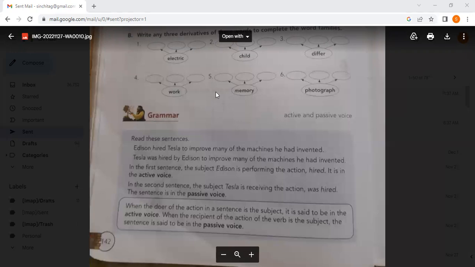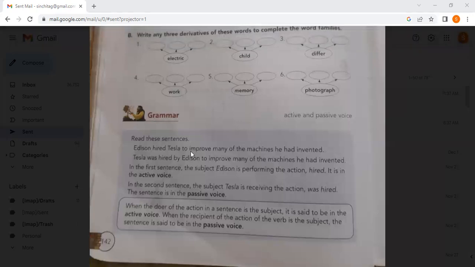I was ordered to do the work by my teacher. Passive voice. Excellent. This is the passive voice. Now tell me an example in active voice, better.